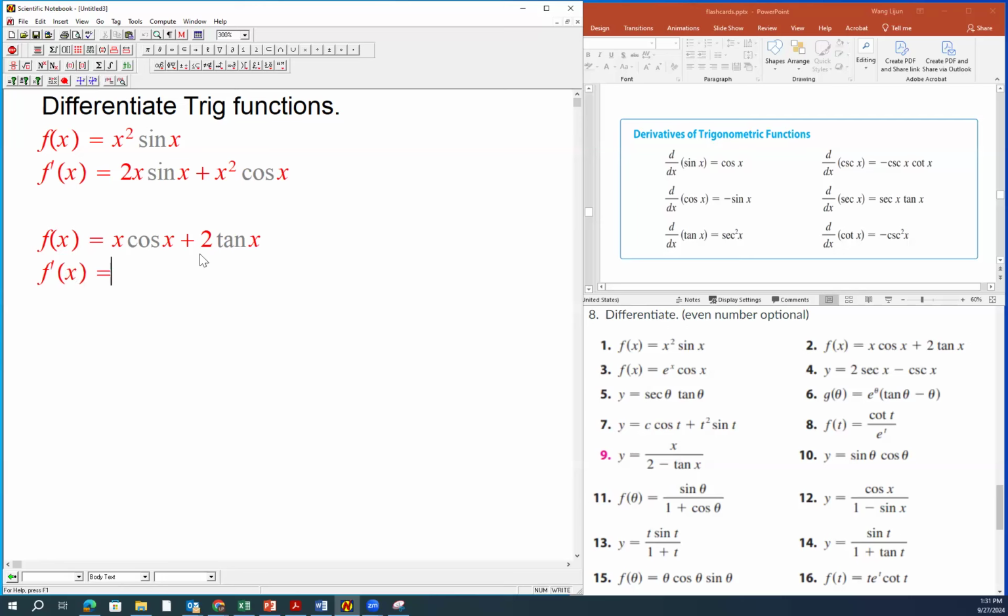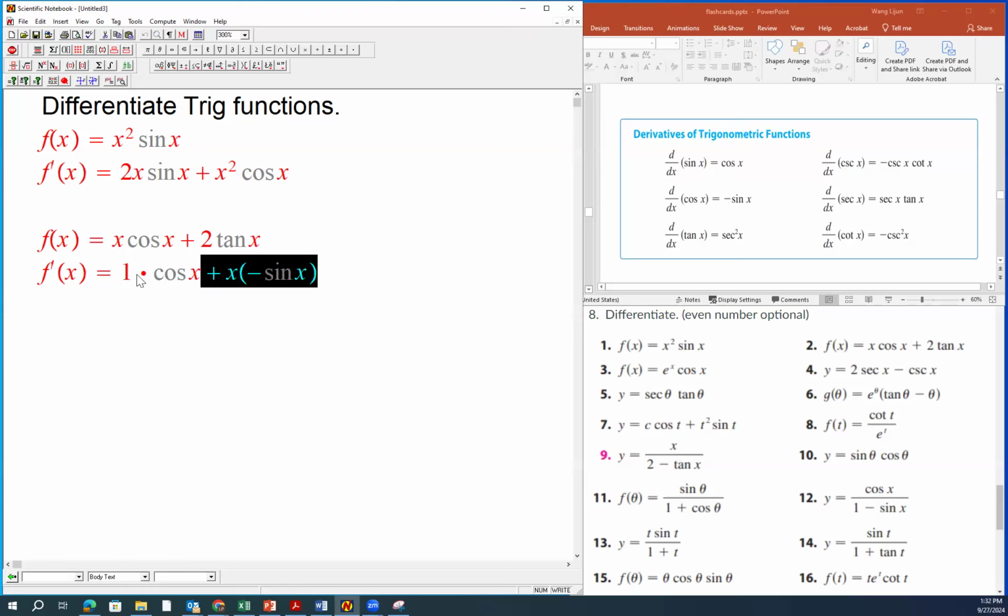You can see the first part is the power rule and plus another part, so we have to do it separately. On this piece, we're going to do the product rule. We're differentiating x, which equals 1 times cosine x, leaving a little space, and the derivative of cosine is negative sine.